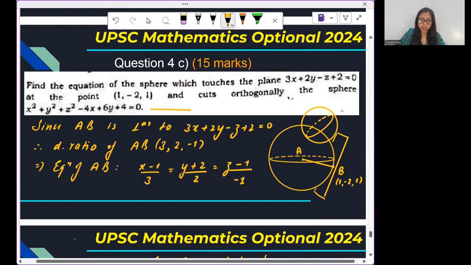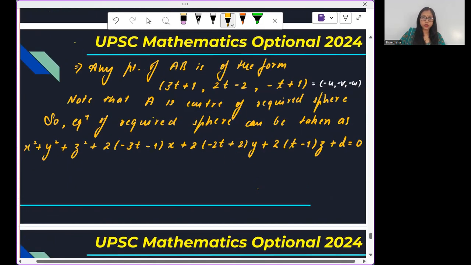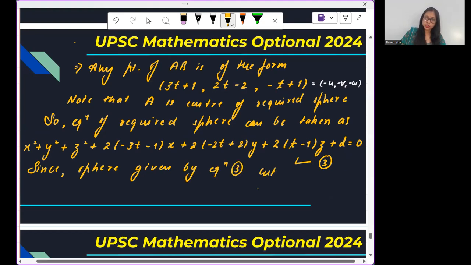I take this as equation number 1, and this as equation number 3. Since the sphere given by equation 3 cuts sphere 2 orthogonally, then first of all, let me write down the condition.